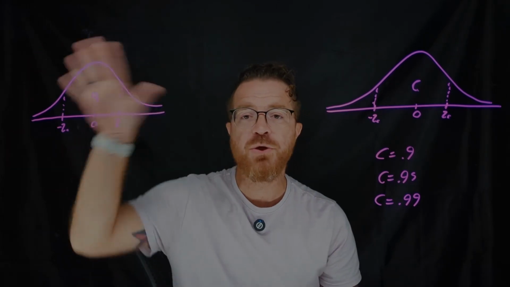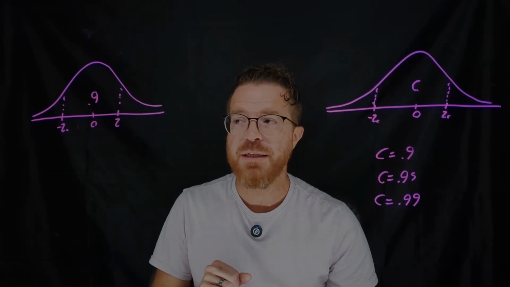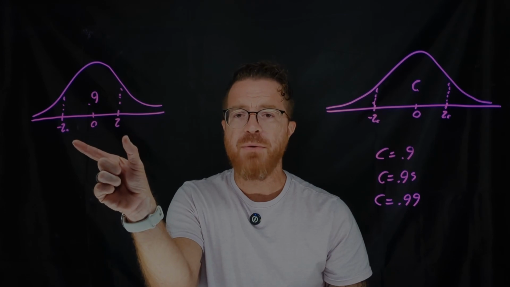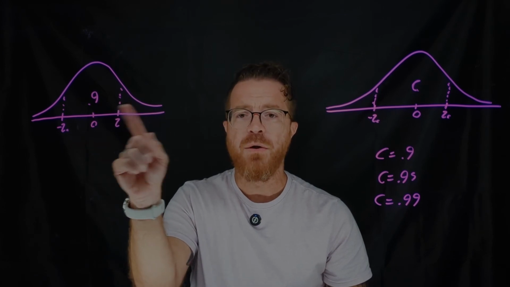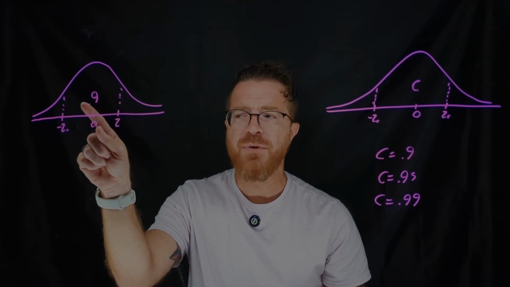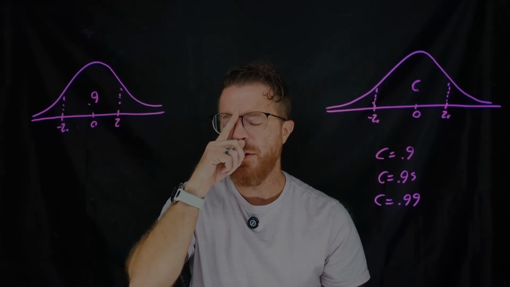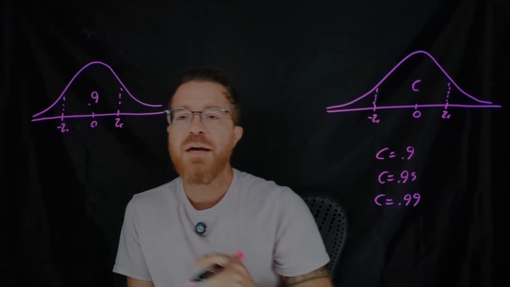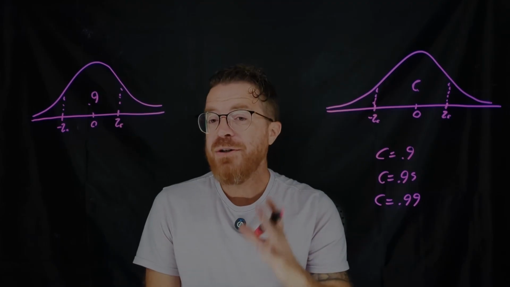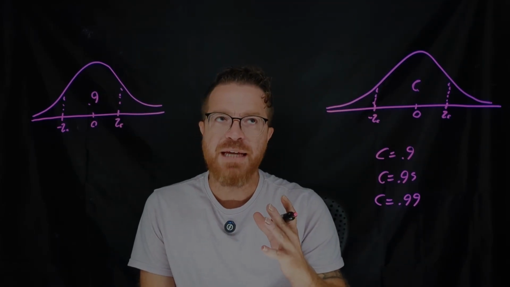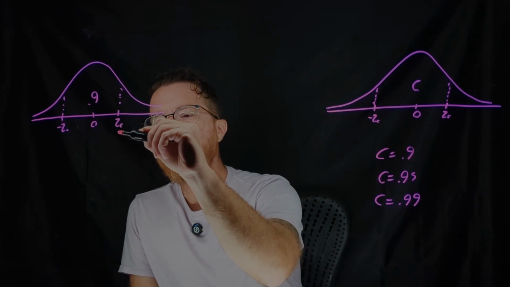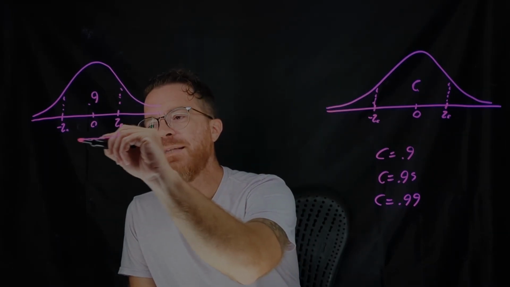Because if this distribution represents all the possibilities, and we know from a normal distribution that if I go out this amount, that 90% of the data will fall within this interval. So 45% will fall on this side, 45% will fall on this side. How do I determine what these Z values are? Well, for our table, because we're using a table that specifically has positive values looking to the left, we're going to figure out what is this positive Z value that makes this true.